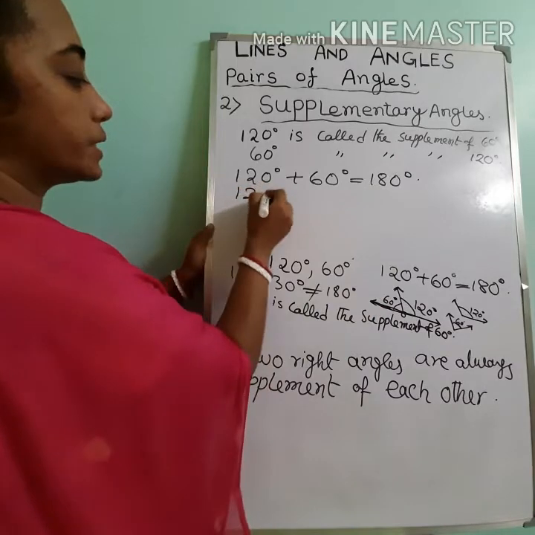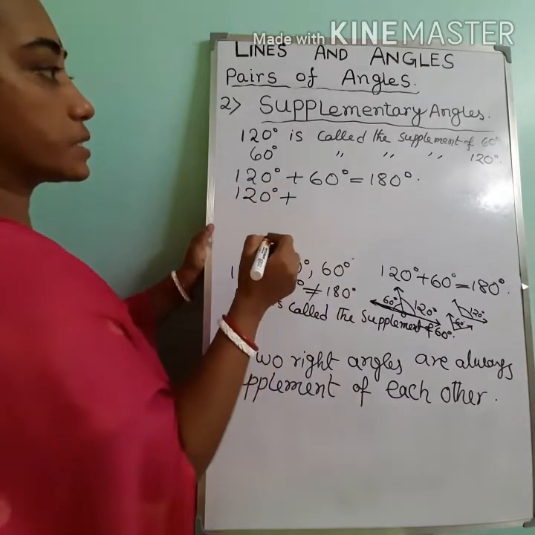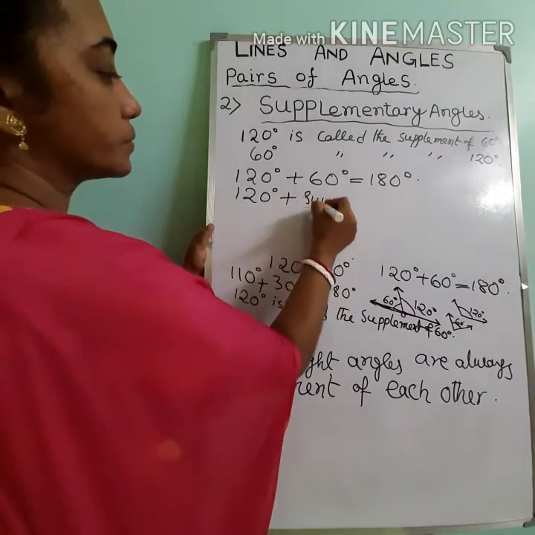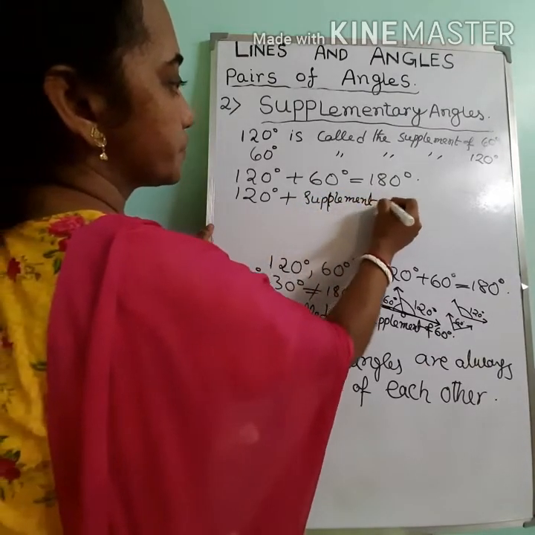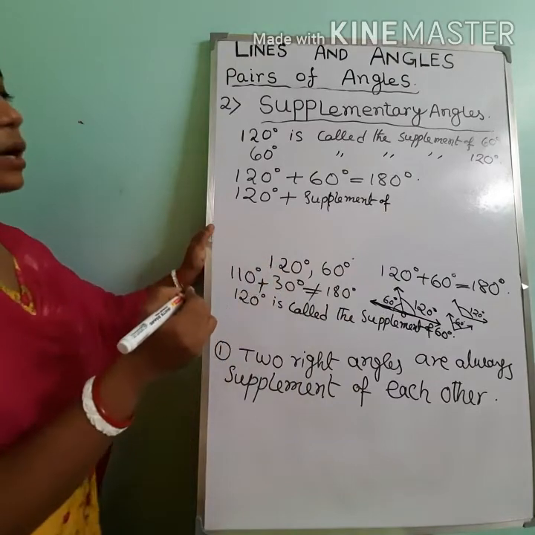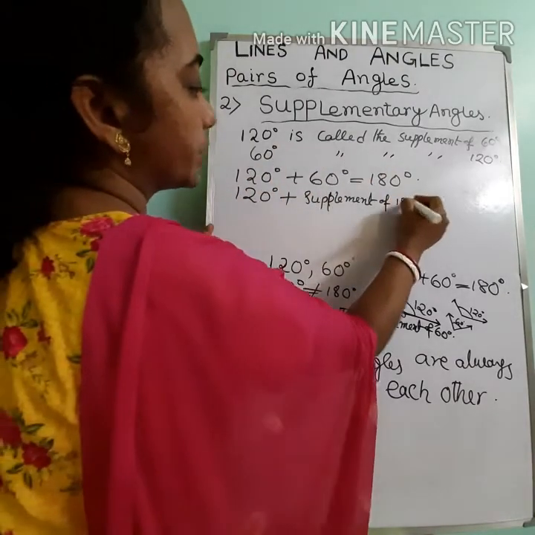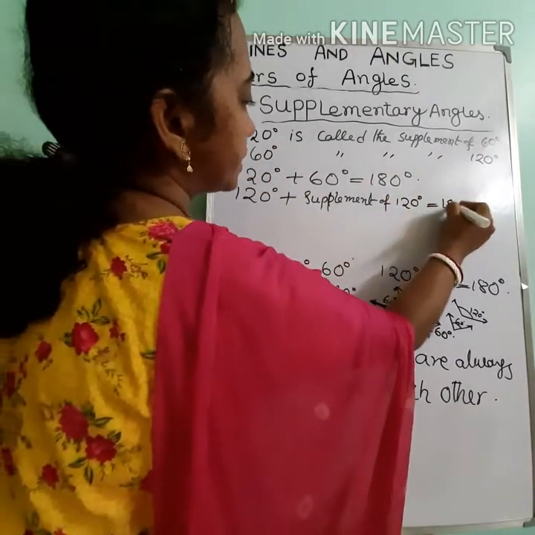So 120 degree plus, in place of 60 degree we can write supplement of 120 degree, is equal to 180 degree.